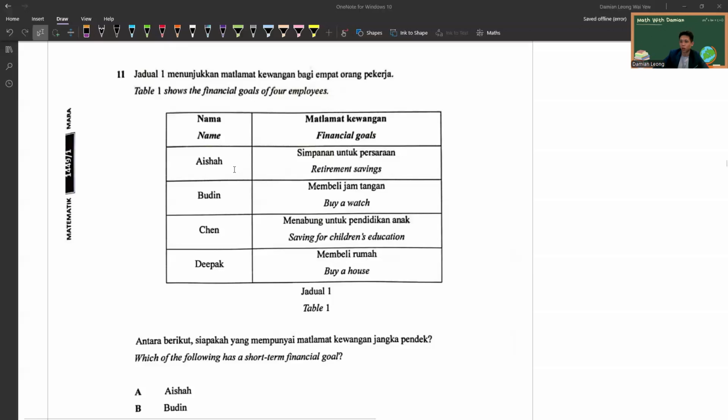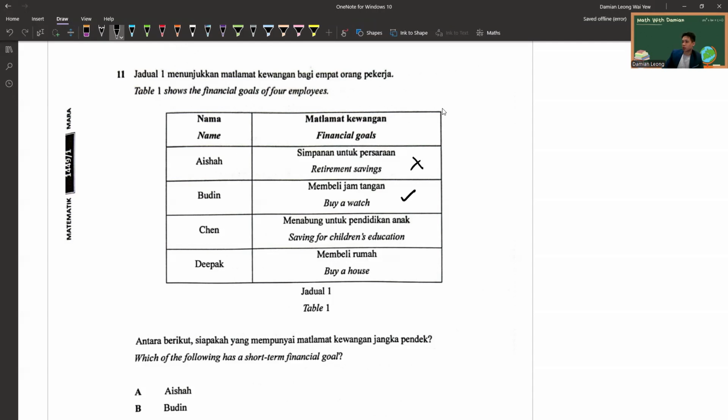Question 11. Which of the following has a short-term financial goal? So we compare all these financial goals. Retirement savings is a long-term goal because it's over a long span of time and you need a lot of money, and you do have a lot of time to save for that lah. So this is not. Buy a watch, that's short-term.